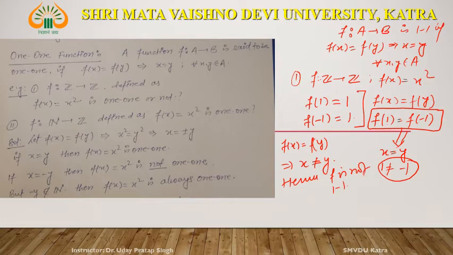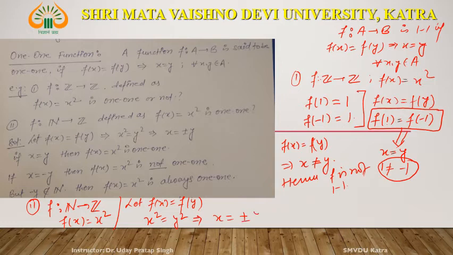Now, consider another example. F from the set of natural numbers to Z defined as f(x) is equal to x square. Start from f(x) equal to f(y). This implies x square is equal to y square. This implies x is equal to plus or minus y. Here two cases arise: x equal to y or x equal to minus y. If x is equal to y, then f is one-one.